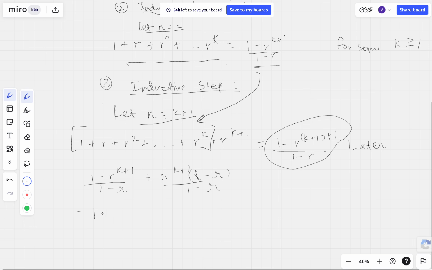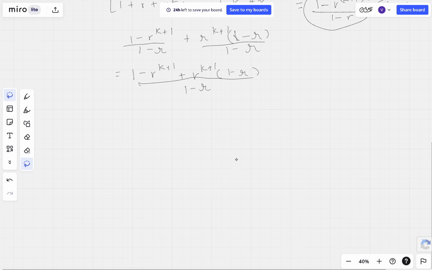So 1 minus r to the power k plus 1 plus r to the power k plus 1 into 1 minus r, divided by 1 minus r. So what we need to do here is multiply this. Let's do this on the side: r to the power k plus 1, times minus r.